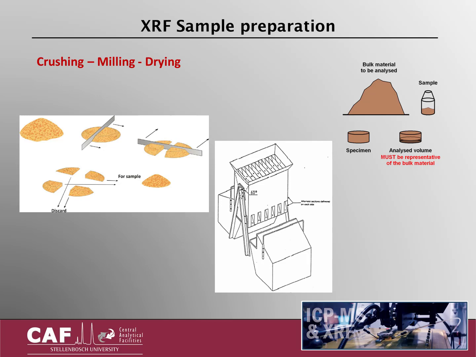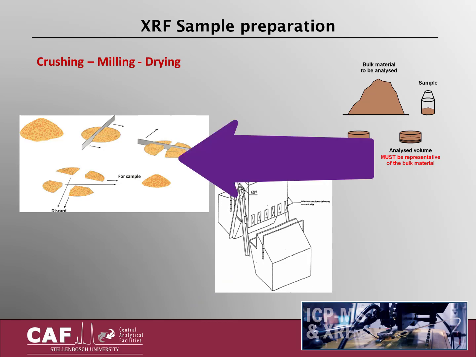The sample can be divided by various methods, such as the cone and quarter method, or by using a riffle splitter. The riffle splitter is very easy to use, but is hard to clean and can be time-consuming, and can potentially introduce cross-contamination. The cone and quarter method is the preferred method in our lab.